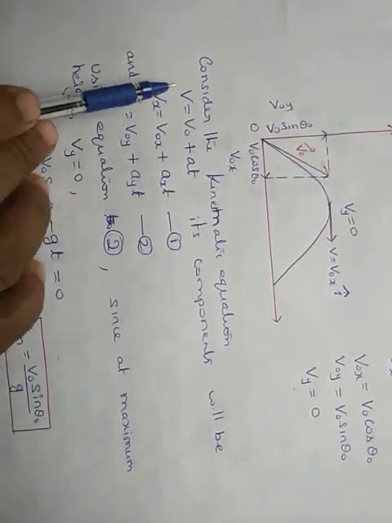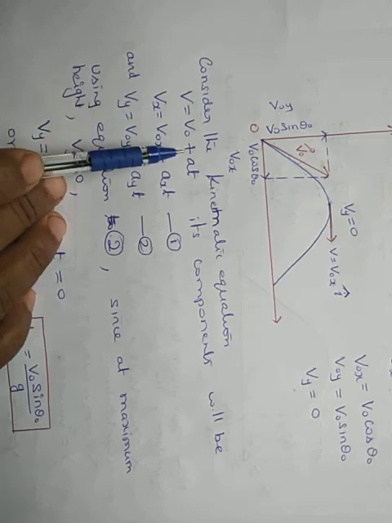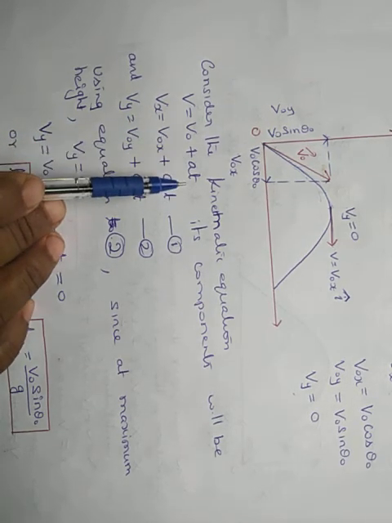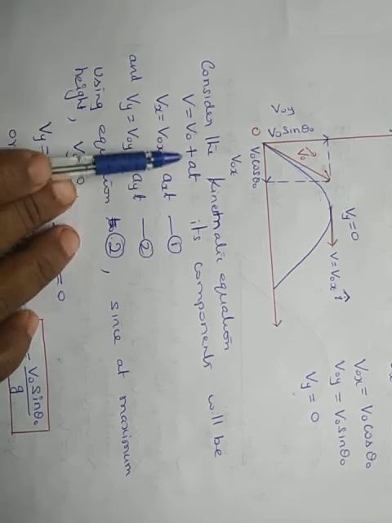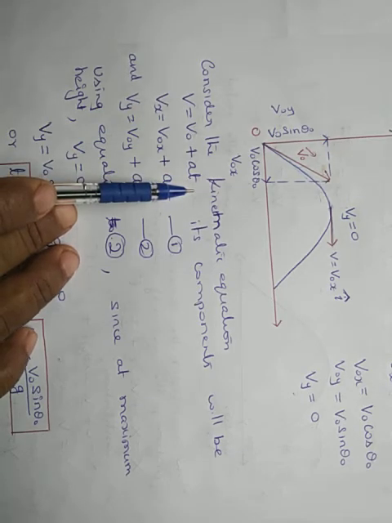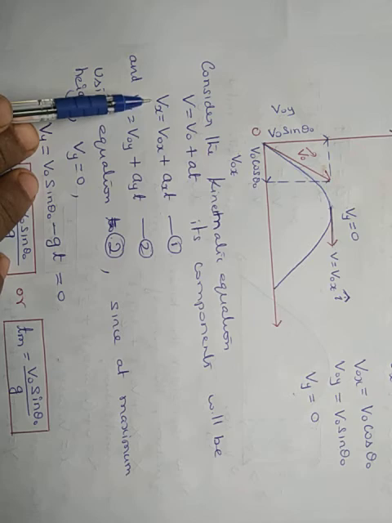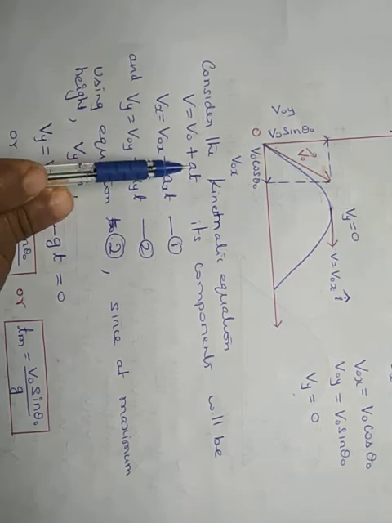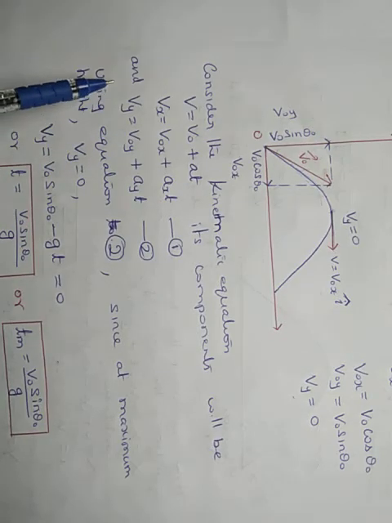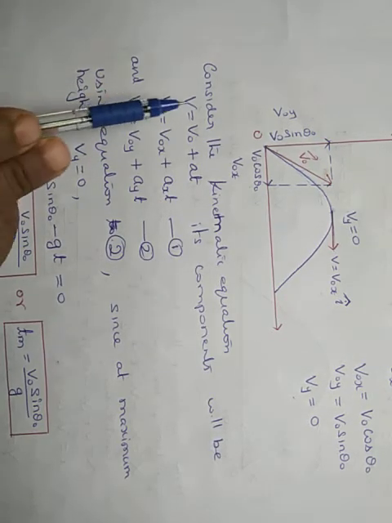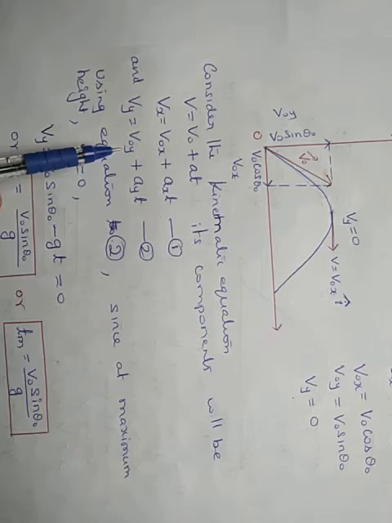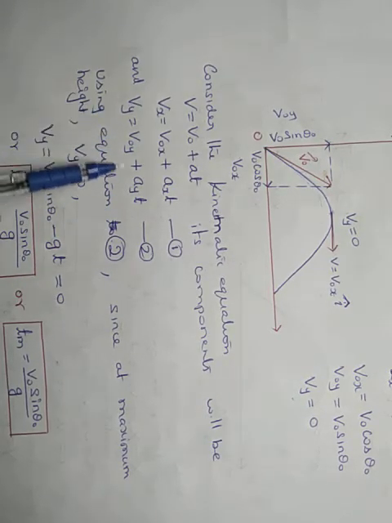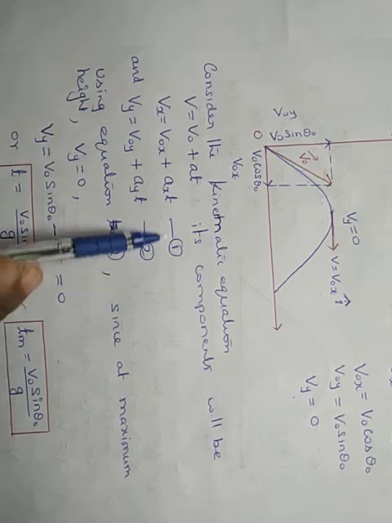Now consider the kinematic equation v equal to v naught plus at, which you have learned in the previous chapter. Its components can be written as, along the x axis, Vx equal to V naught x plus Ax t. Similarly, its y component, Vy equal to V naught y plus Ay t. We need this second equation.